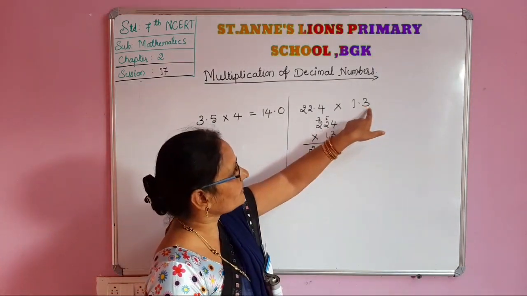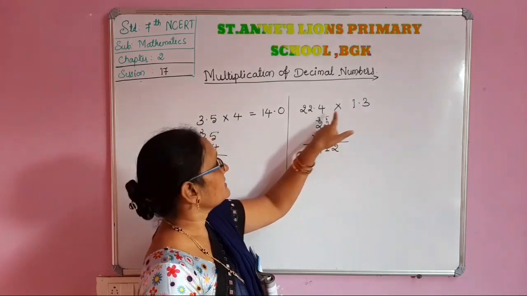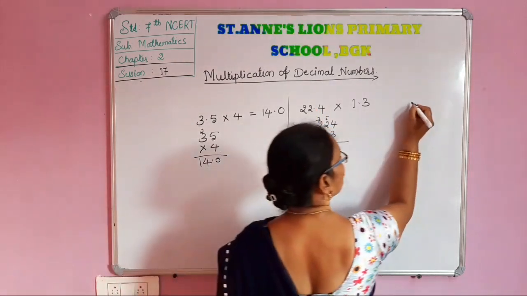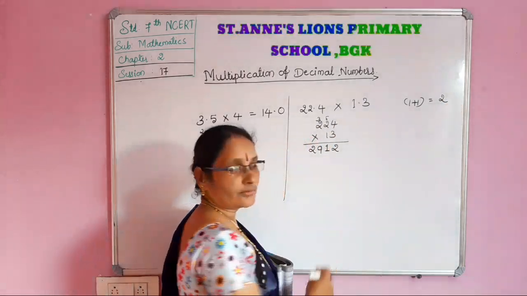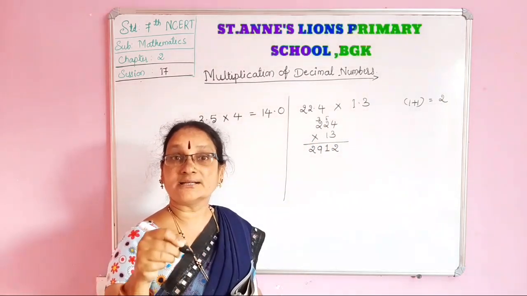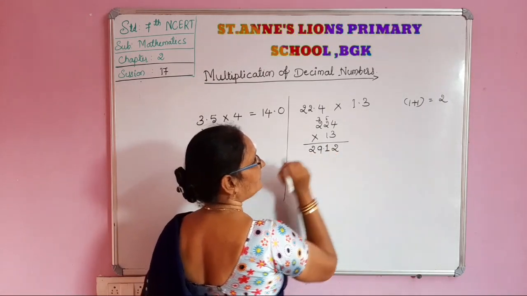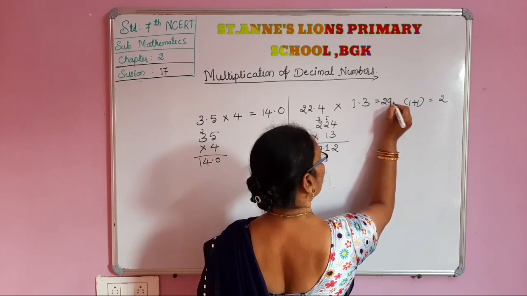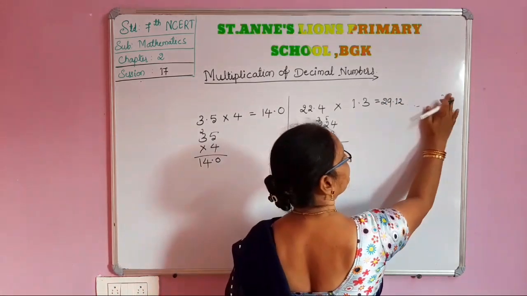See here, decimal point is after one place. Here also, decimal point is after one place. Totally how many places? 1 plus 1. After 2 places we have to give the decimal point. So the answer for this is 29.12.